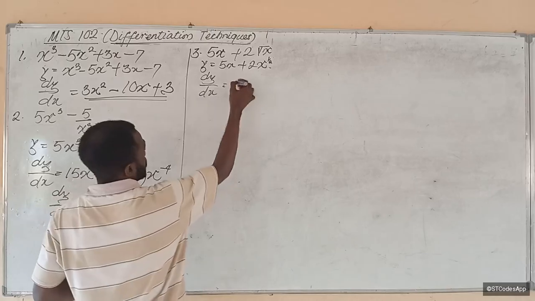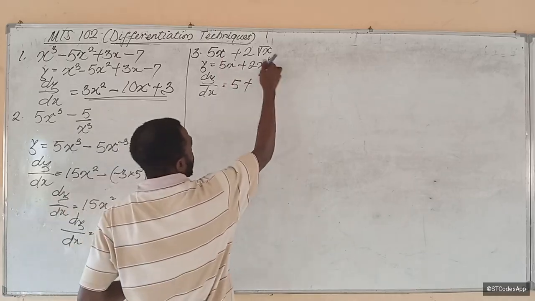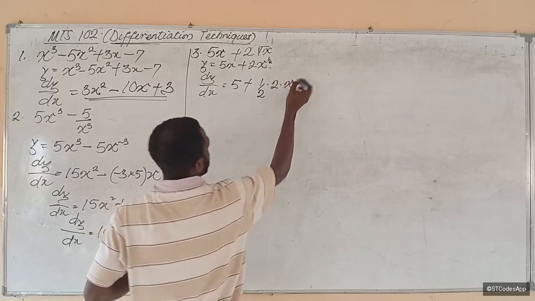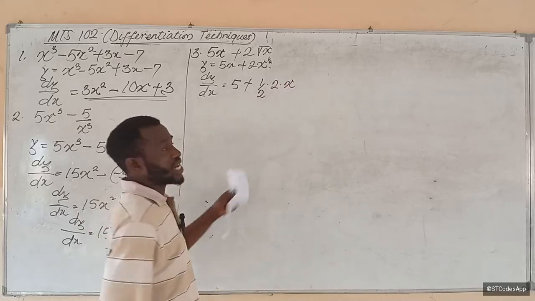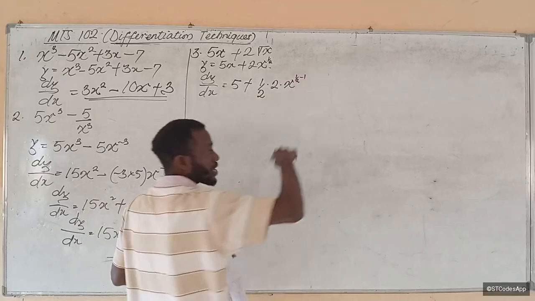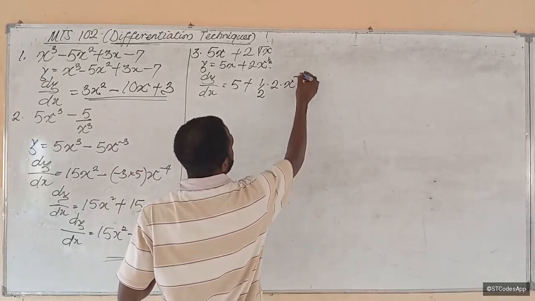By the time I differentiate this, I get constant plus 1 over 2 will come forward, so 1 over 2 times x raised to the power, by the way, dot here means times, 1 over 2 minus 1. You subtract 1 from half, you get negative half, right? So I can just write minus half here.